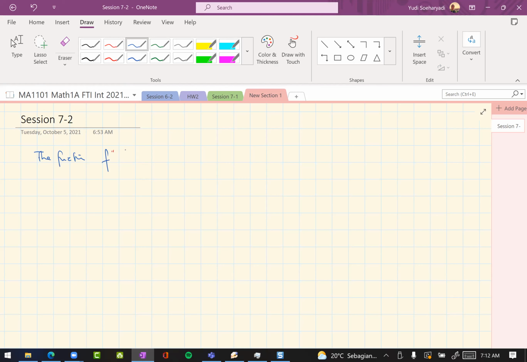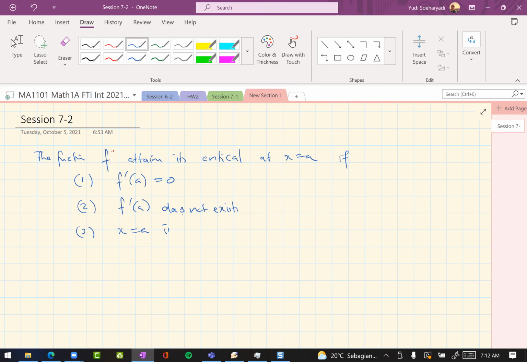A point a is critical if f'(a) equals 0, or f'(a) does not exist, or a is a border point, an endpoint.